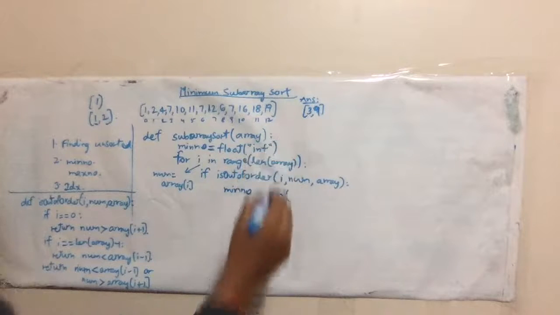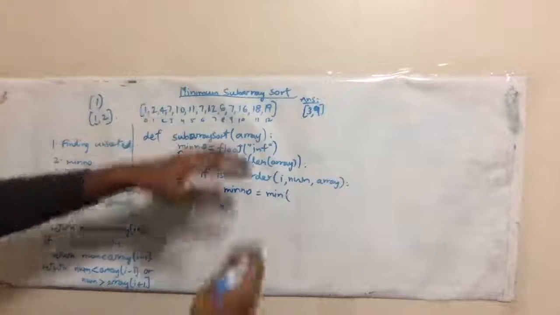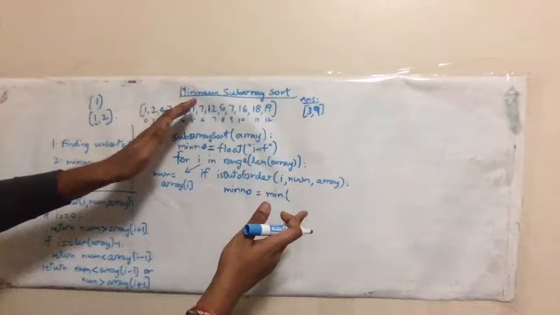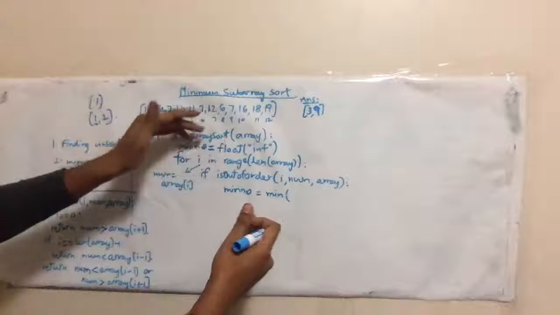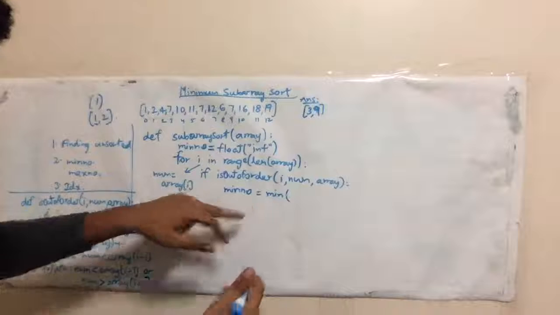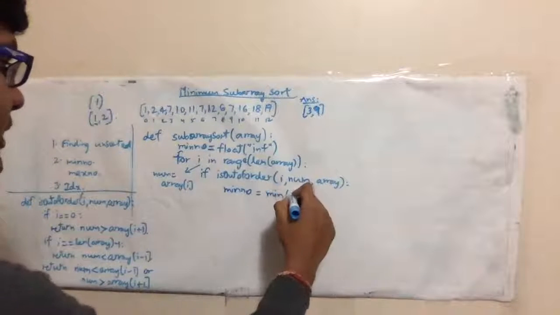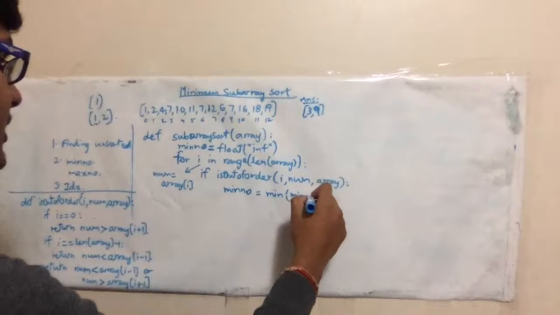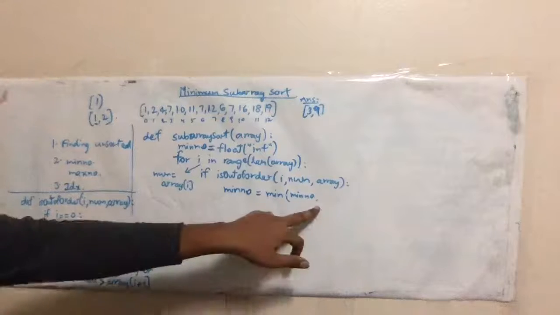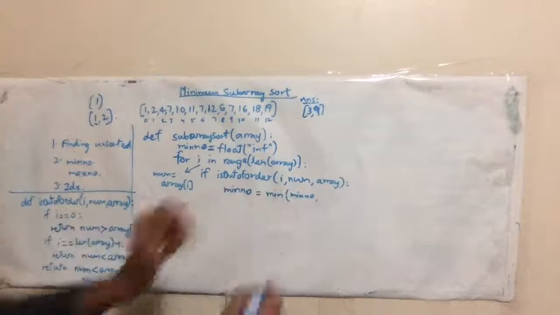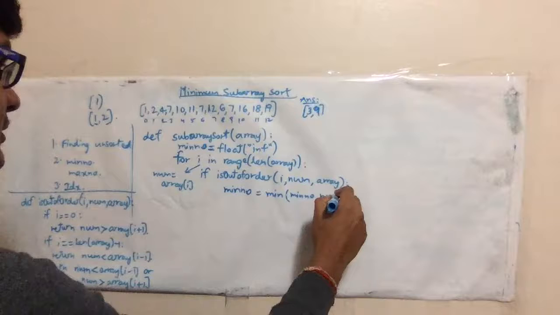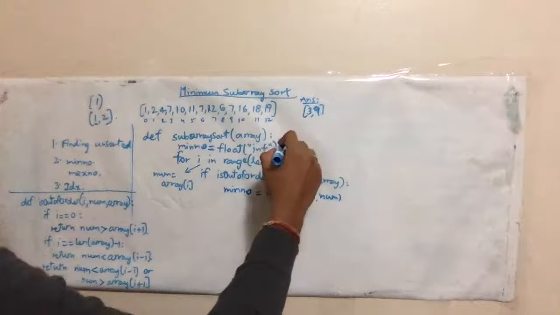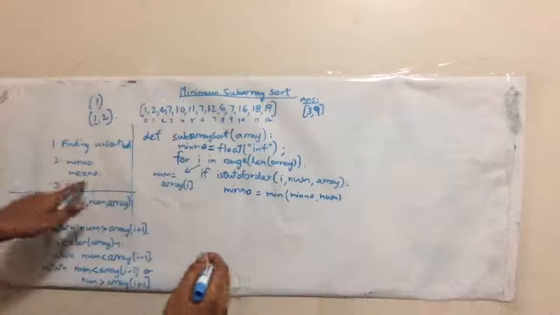So what I am trying to do is, with a larger positive number, I can take this as a base case for calculating the minimum of the already existing minimum number, or whatever number we got here. So this is the minimum. Similarly, we need to find the maximum number, isn't it?